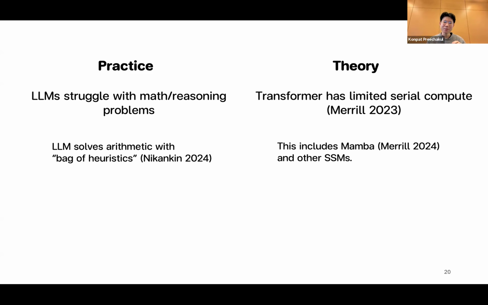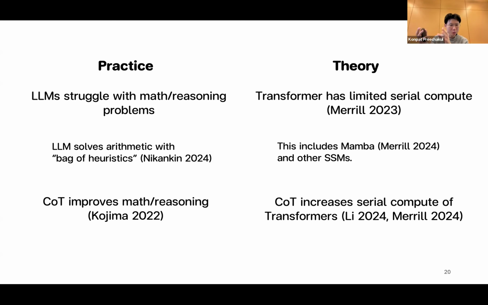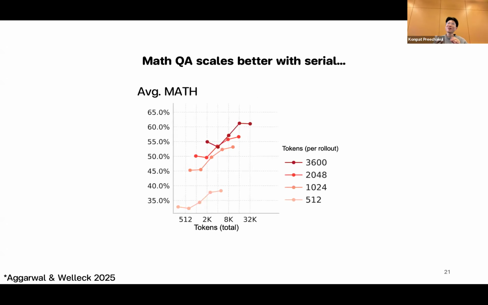So if it lacks serial compute, and we add more serial compute by chain of thought, it should work better, and it did. This also corresponds to the fact that chain of thought genuinely gives you more serial compute. A vivid example here, probably cherry-picked, came from Agarwal and Welleck, 2025. They did an ablation here.